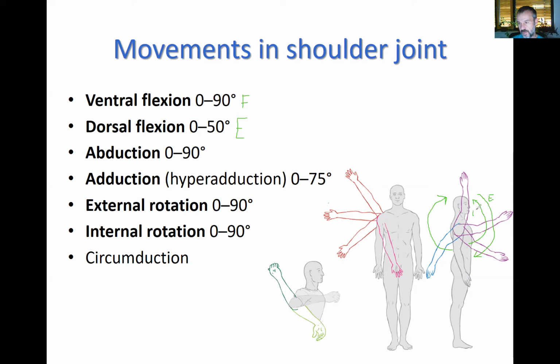So the ventral flexion is used as a synonym for flexion, and the dorsal flexion is used as a synonym for extension, although extension should be the movement back from ventral flexion. Then we have here the abduction, and on the opposite side, adduction.